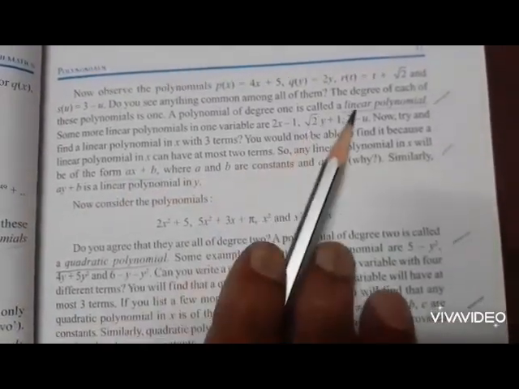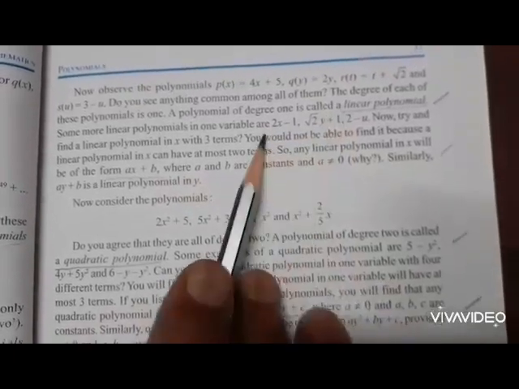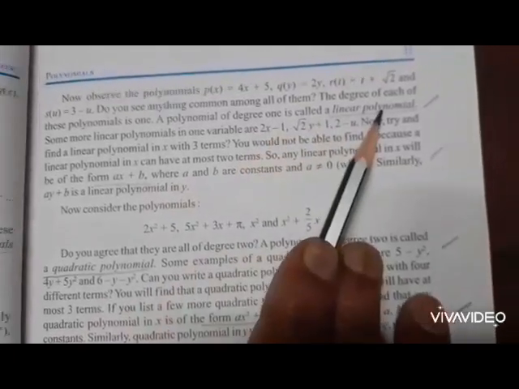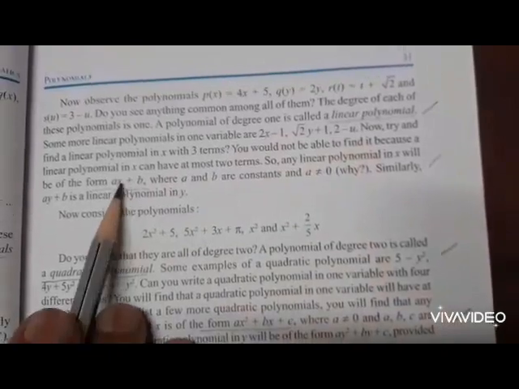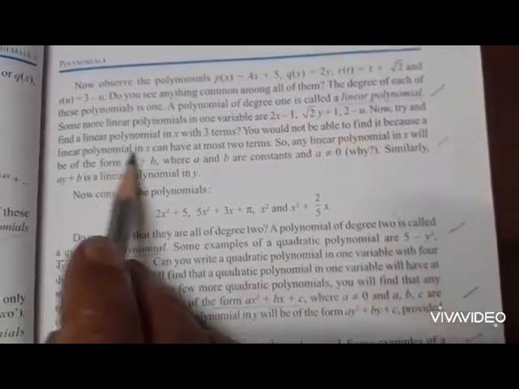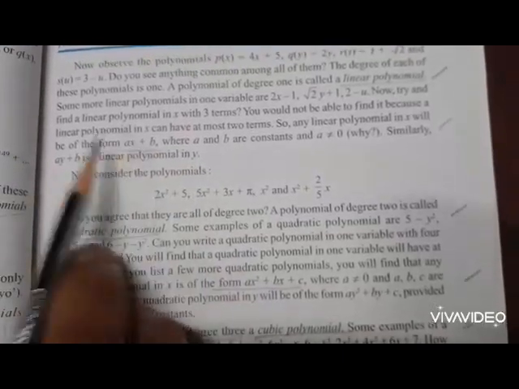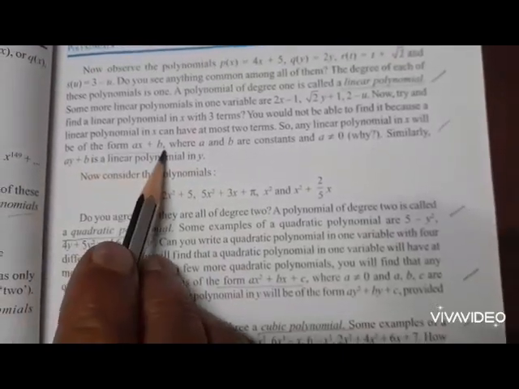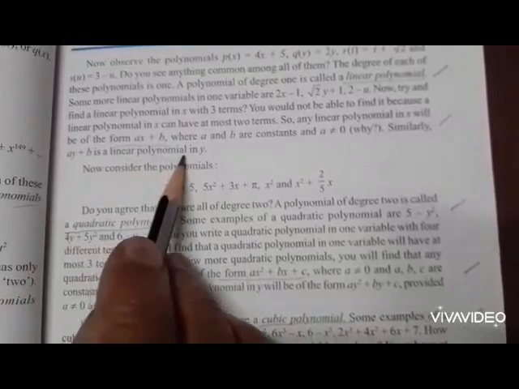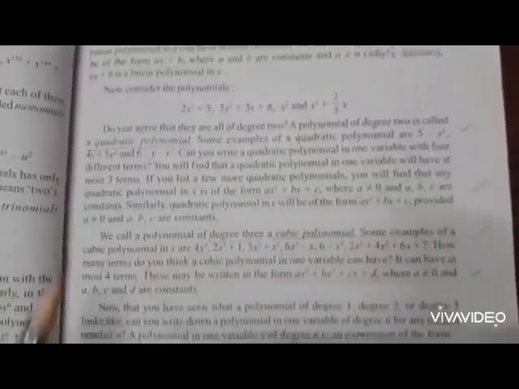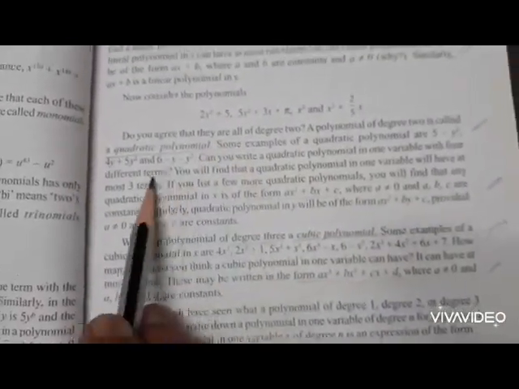So a polynomial of degree 1 we call a linear polynomial. For example ax plus b. In ax plus b the power of x is 1 and a and b are constants, so we call it a linear polynomial in x.